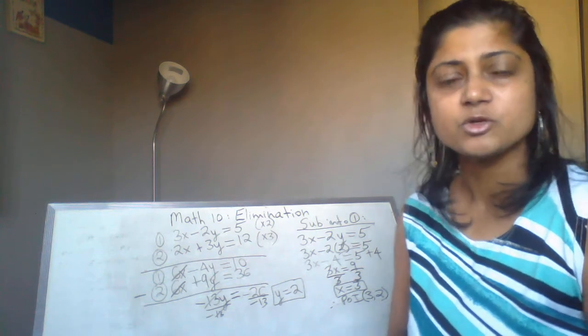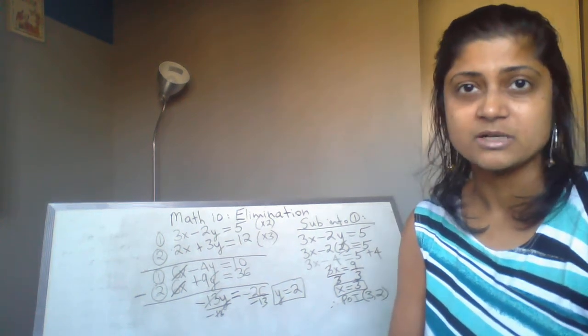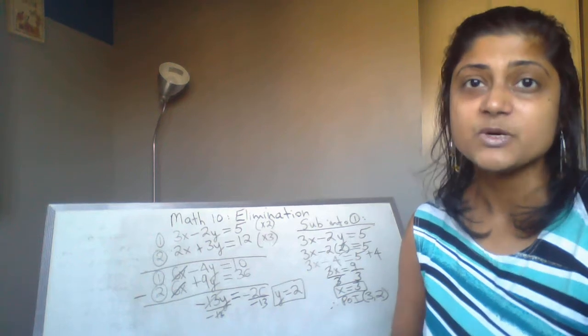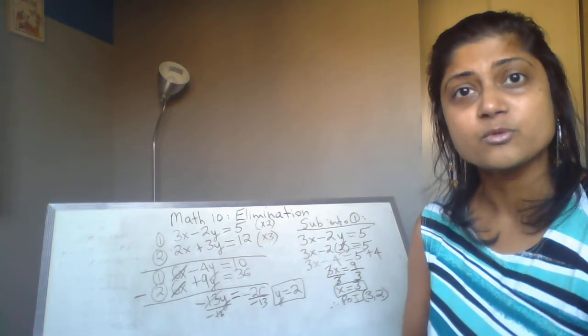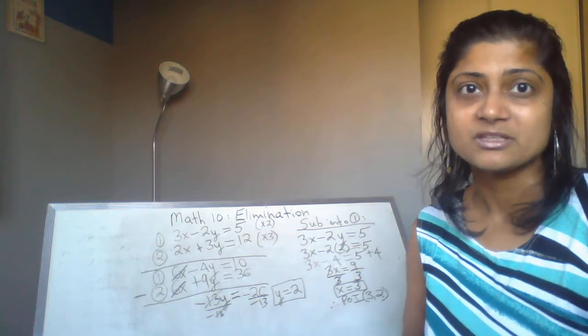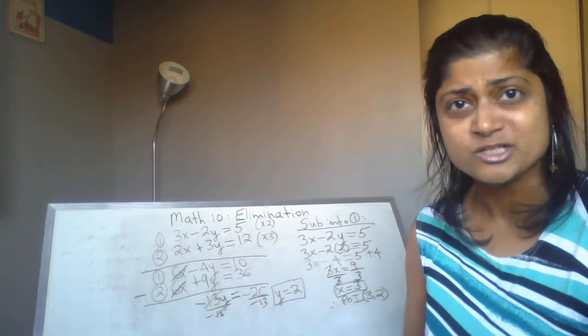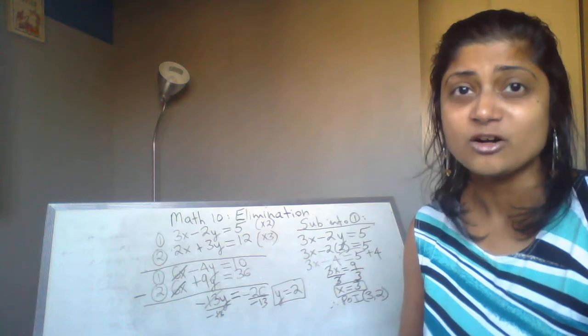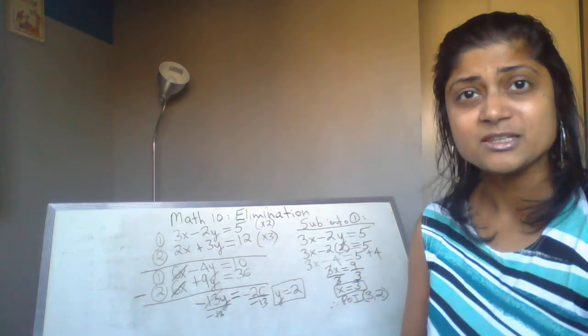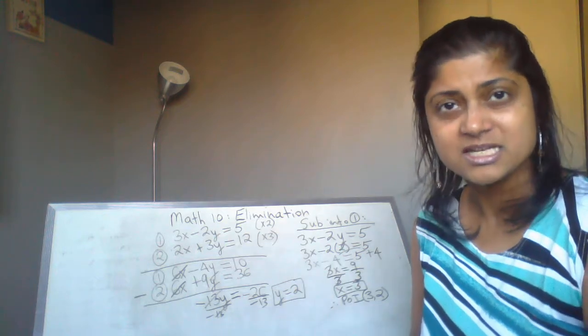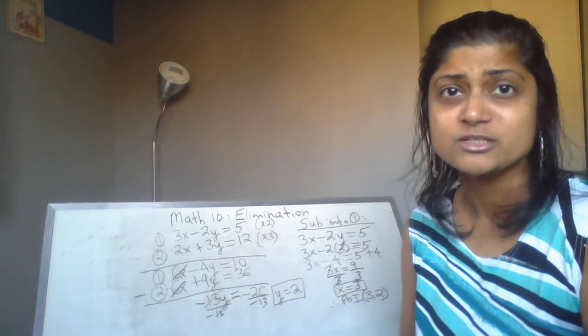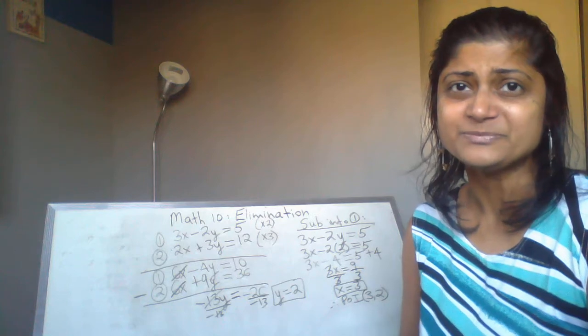If you can't do that mentally, I would make sure I'm doing the check and writing it out, especially on a unit test or a quiz, because I don't want to get the wrong answer. Within this unit, you can't get any of these questions wrong as long as you're checking all of your answers. Plug in the point of intersection into both of these original equations. Both sides of the equation should be equal.